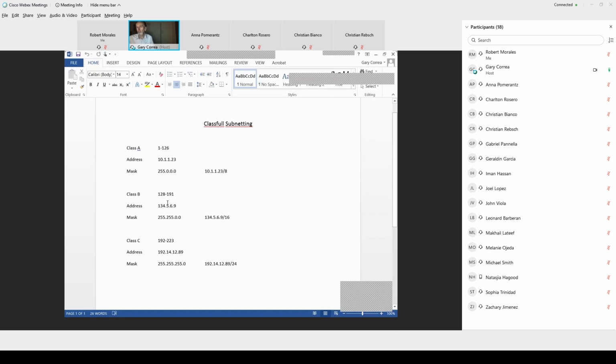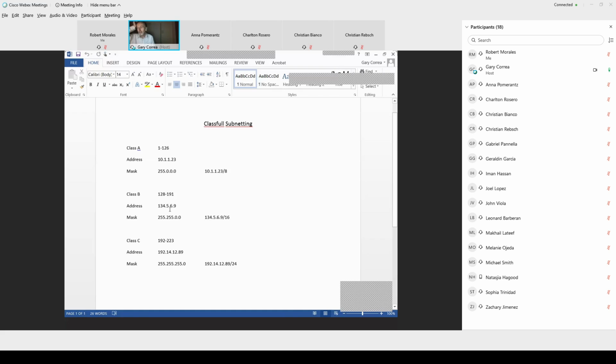That means as long as we're all 134.5, you can be 5.69, you can be 5.87, you can be 5.22, but as long as we're all 134.5, we're on the same subnet. How come we only had to have one number be the same here, and need two here? Because here the subnet mask is one 255, which means only the 10 has to be the same. Here it's two 255s, so the 134 and 5 have to be the same. Okay, we got that, right?